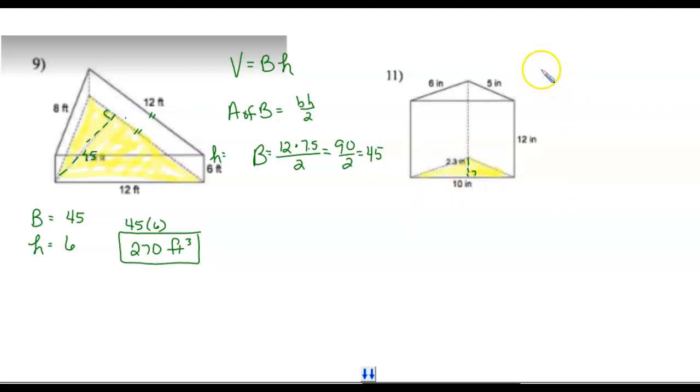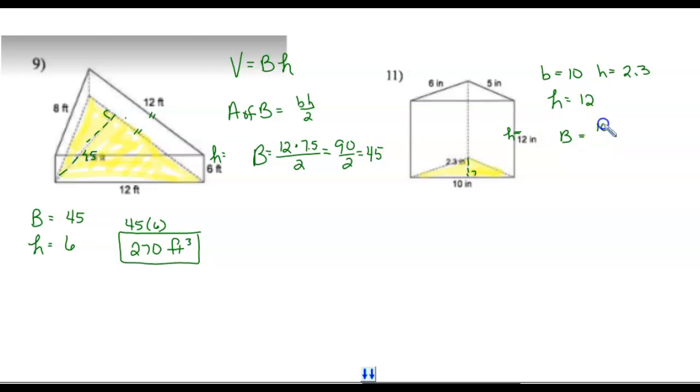So my base is 10. My height of my triangle is 2.3. The height of my prism is 12. So I need to find the area of my base.